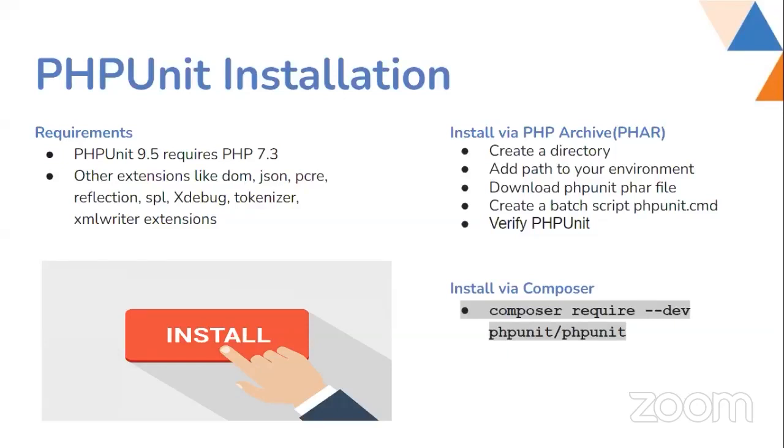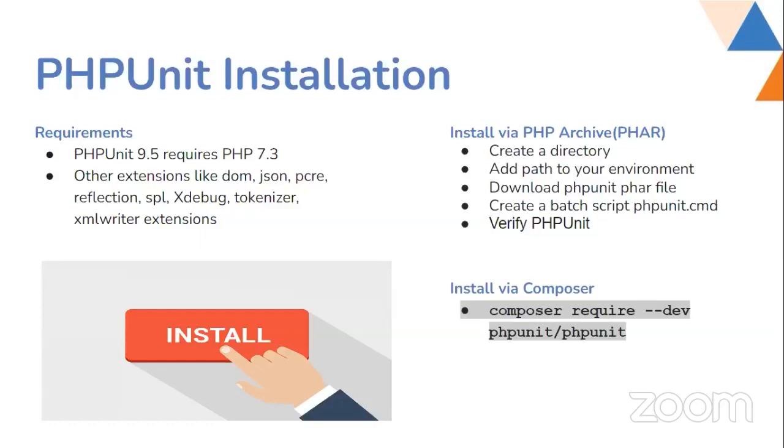One thing I need to mention: when you install PHPUnit through Composer, you are installing PHPUnit for that particular project only. But if you are installing it through PHAR, you are installing it globally so that you can enable it from any project you want within your system.